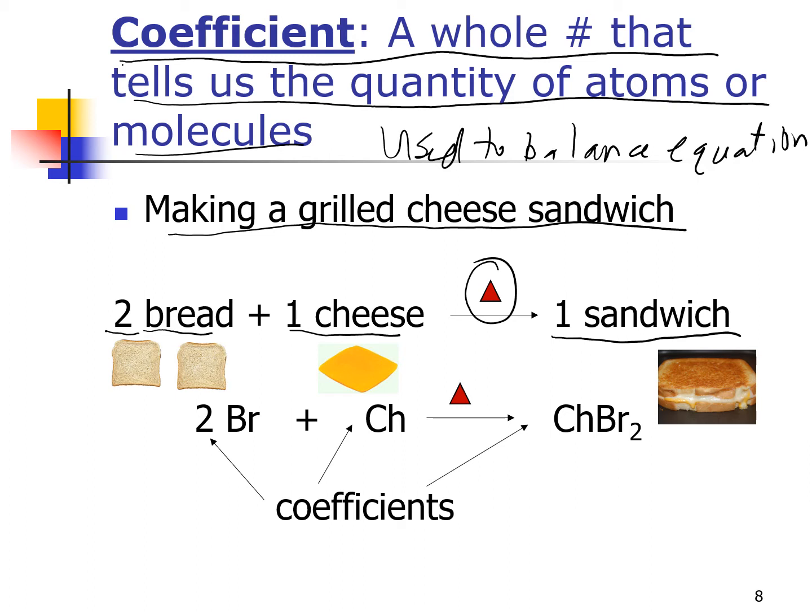So we're going to write this like a chemical reaction. My bread is abbreviated as BR and my cheese is abbreviated as CH. I put this number 2 in the front of my BR. That is called a coefficient. It stands for the number of pieces of bread I have.